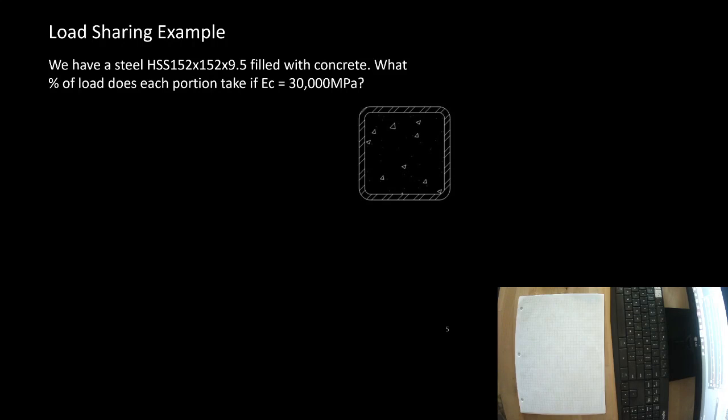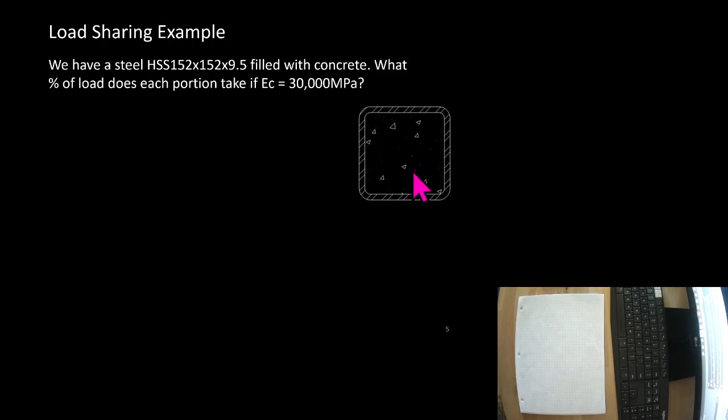Well, looking at area for this column, it looks like there's a lot more area of concrete than there is steel. My gut is telling me more is going to the concrete than the steel, but I know that load also goes to the stiffer element.